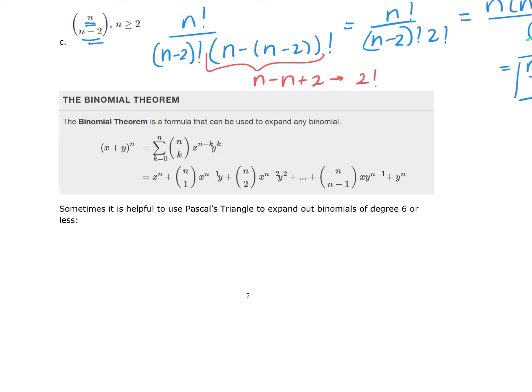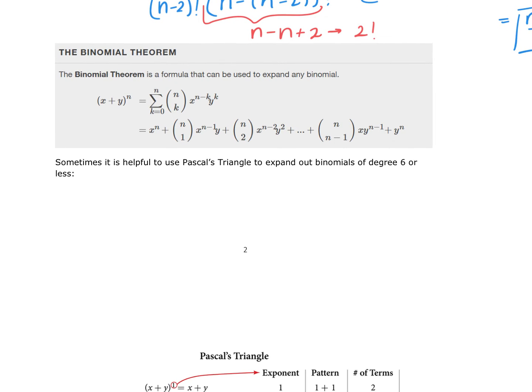So what you might see in other textbooks is they expand it out just a little bit more, and they say, wait a minute, we're going to choose n choose 0, x to the n, y to the 0. So they actually use that as the first term. It's not a bad idea to think about that as being the first term.